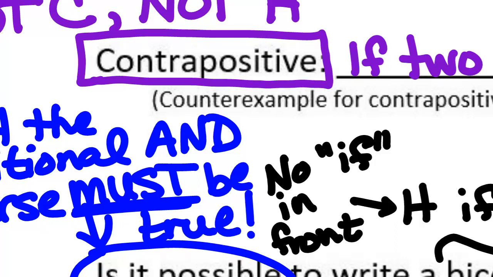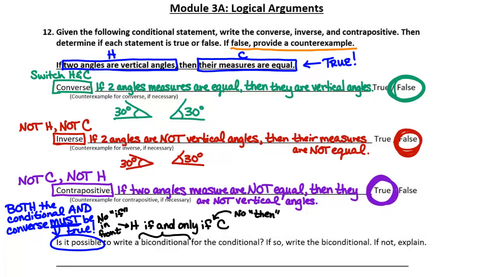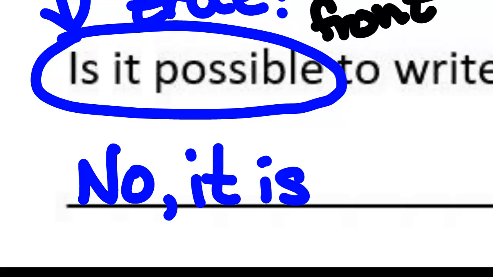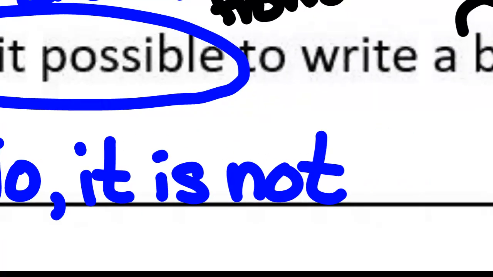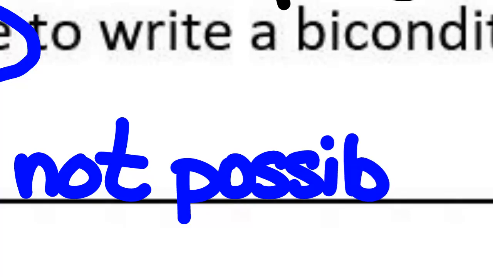Is my original conditional statement true? Yes. Is the converse true? Can I write a biconditional? No. No, it is not possible to write a biconditional.